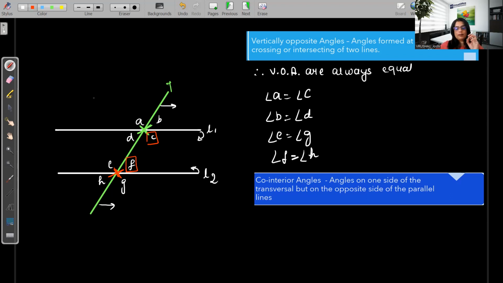What is their property? Sum of co-interior angles, or even co-exterior angles, we can say co-exterior angles.